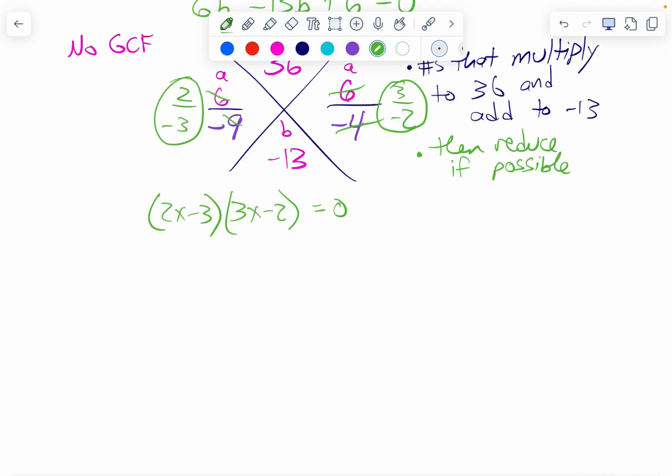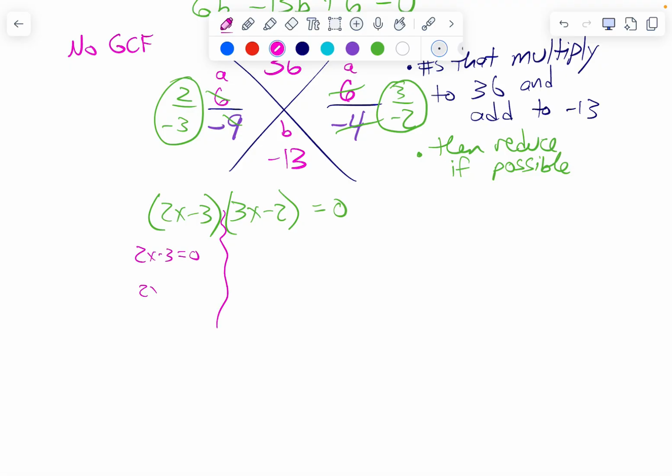Okay, now what? That's factored, but we want solutions, zeros, roots, x-intercepts. That's what we're looking for. Since something is multiplied and making 0, let's check where that happens.